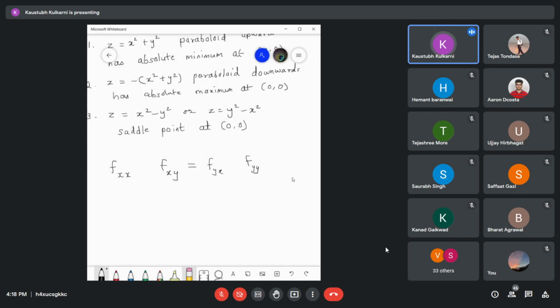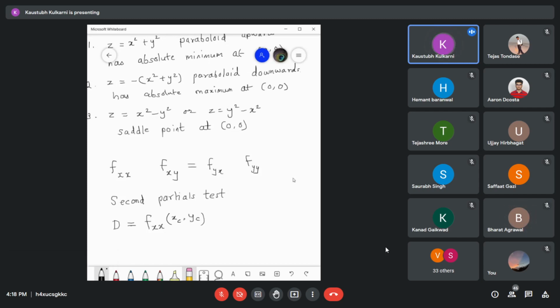Now, coming to the second partials test, like we had the second derivative test. In this case we define another quantity which involves all these partial derivatives, called D. So D is equal to f of xx at the point xc comma yc.